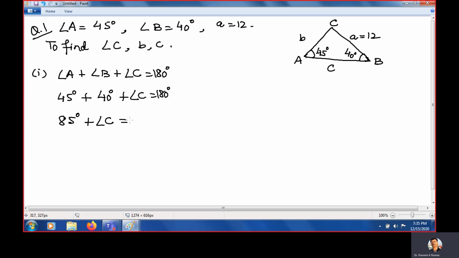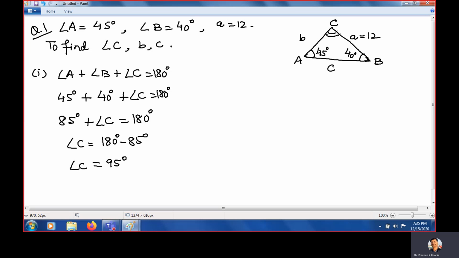Plus angle C is equal to 180 degree. And angle C is equal to 180 degree minus 85 degree, which equals 95 degree. So angle C is equal to 95 degree. So we found this angle also.